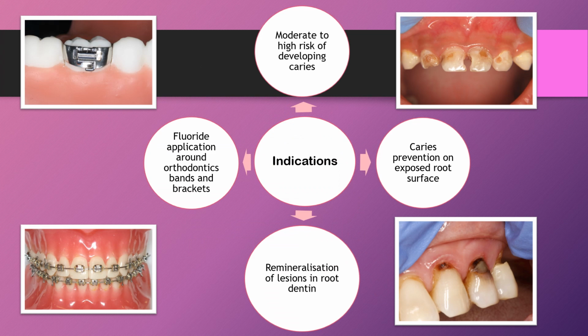So what are the indications of fluoride varnish? It can be applied in patients having moderate to high risk of developing caries, for caries prevention on exposed root surfaces, remineralization of lesions in root dentin, and also in patients undergoing orthodontic treatment where the molar bands and the brackets are placed.